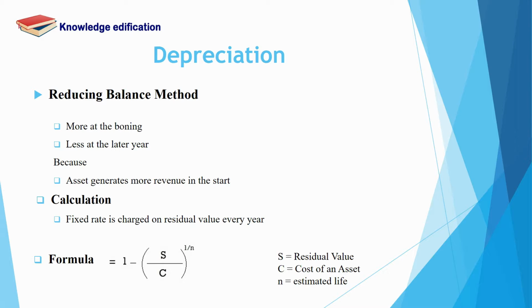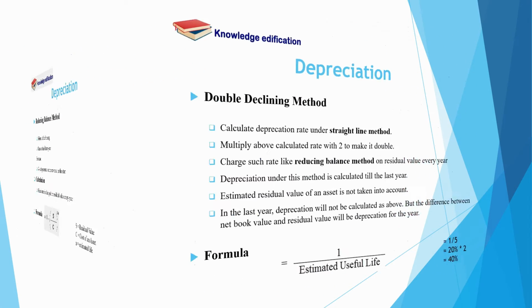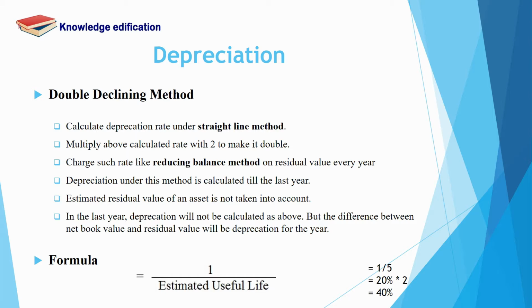To find the rate for reducing balance method, the formula is 1 minus (s over c) power 1 over n. Here s equals residual value, c means cost of an asset, and n means estimated life of an asset. Under this method, we shall calculate the depreciation rate. Its practice will be done in the next lecture.